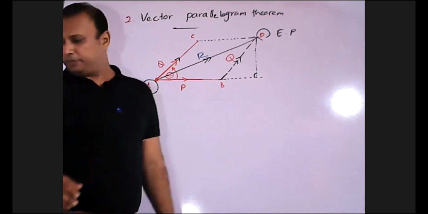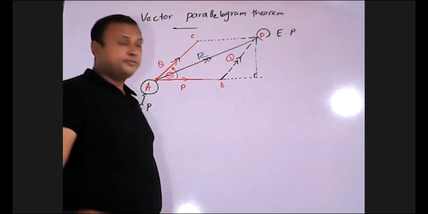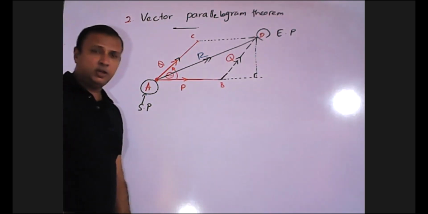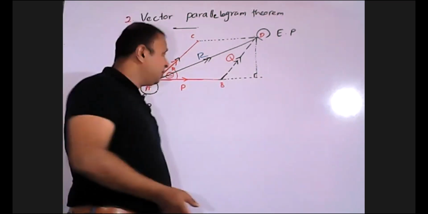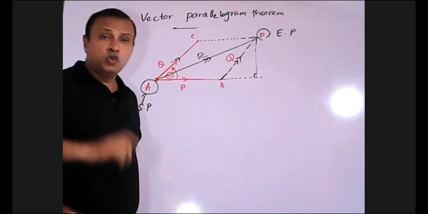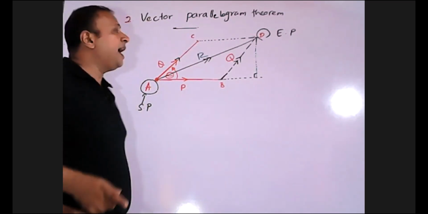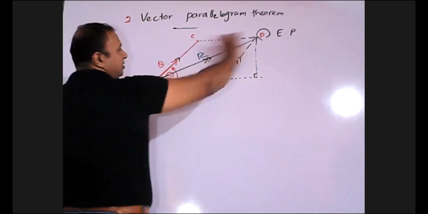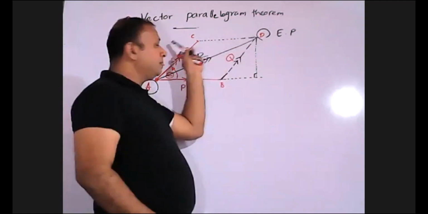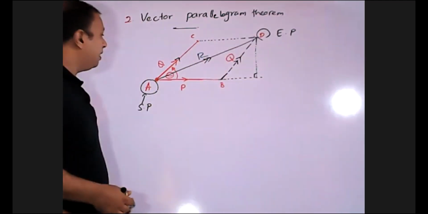Once you are ready, please look at the board. I have done the construction. I have considered AB and AC as two adjacent sides, and I constructed a parallelogram ABDC.